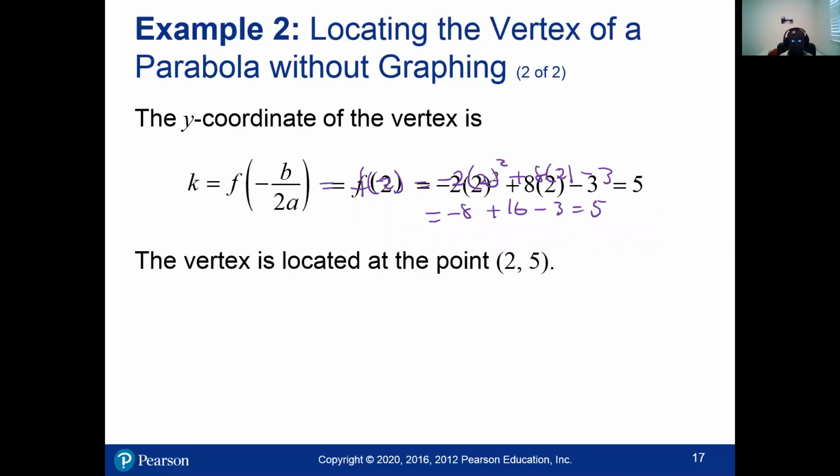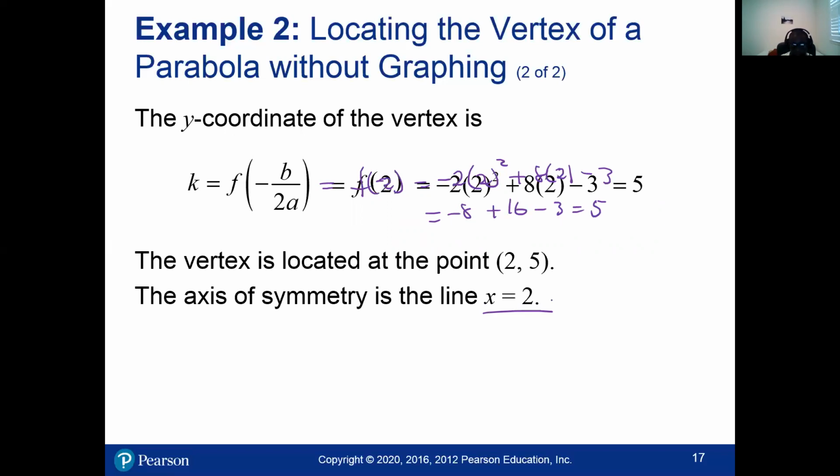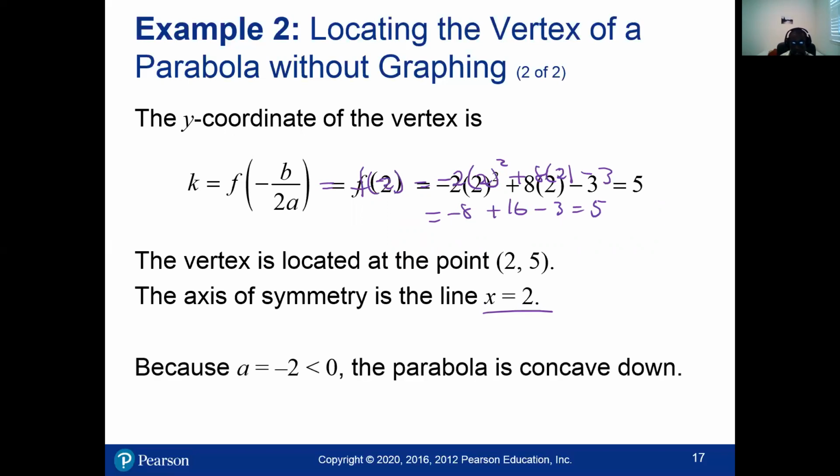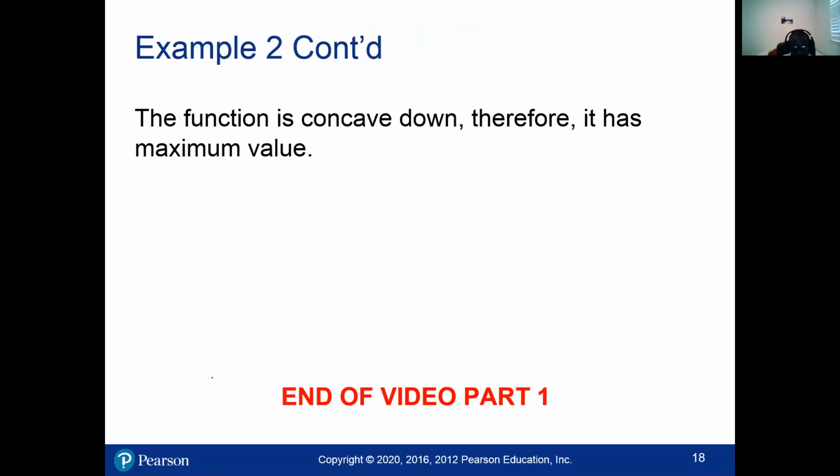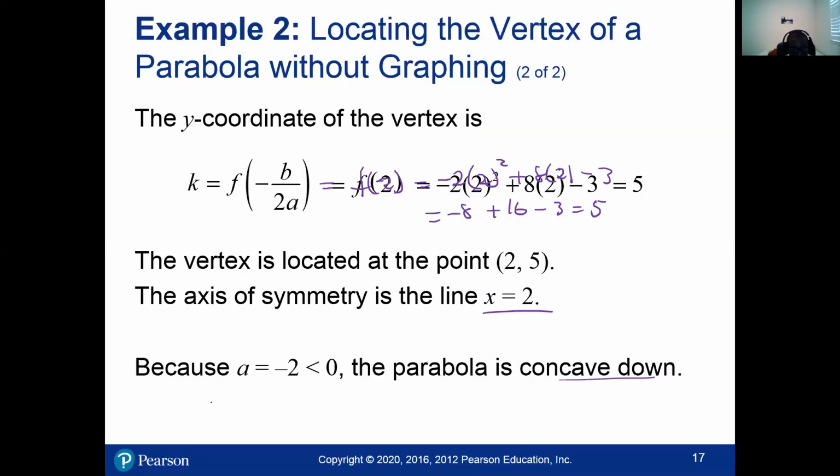All right, so that gives us everything there. The vertex, as we got, is (2, 5). And then the axis of symmetry is x is equal to h, which is 2. We said that a is equal to negative 2, which is negative, so the parabola is concave down, and therefore it has a maximum value.